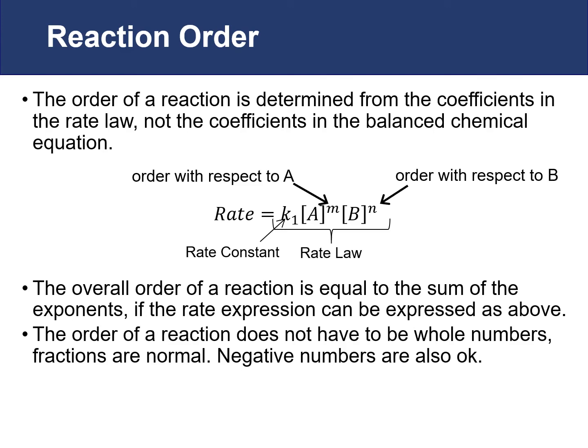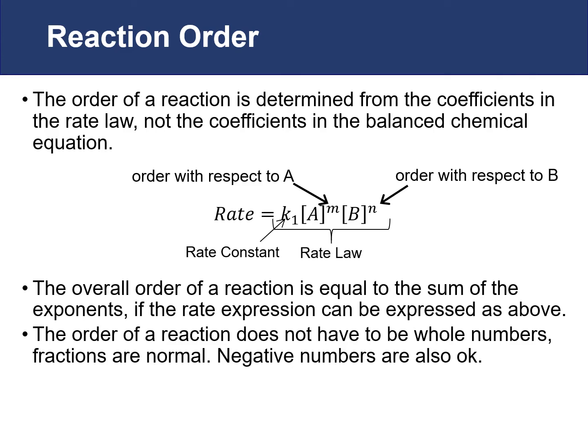For example, negative numbers will typically indicate that some sort of back reaction is occurring. Fractions often mean that you have something with two or more components coming together. Any one of these is perfectly normal, so the values don't have to be whole numbers.